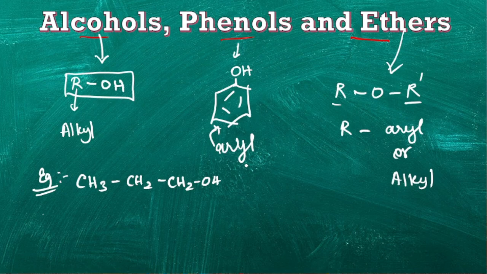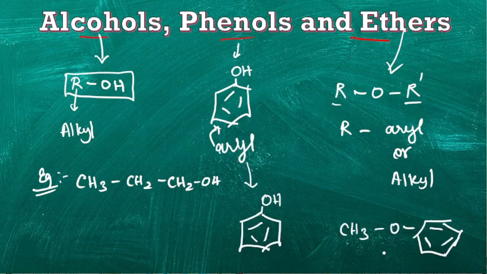For ethers, you can take CH3O with a benzene ring. These are the things you can give as examples.